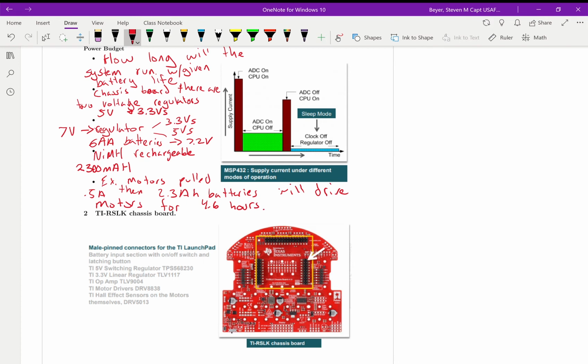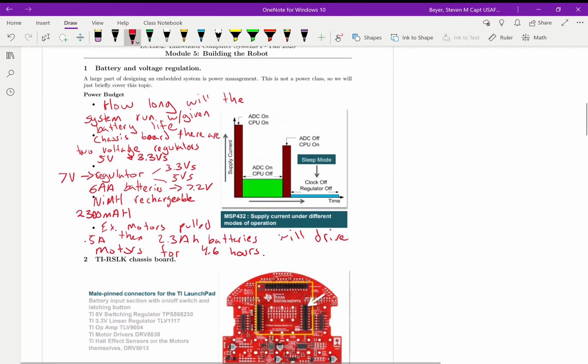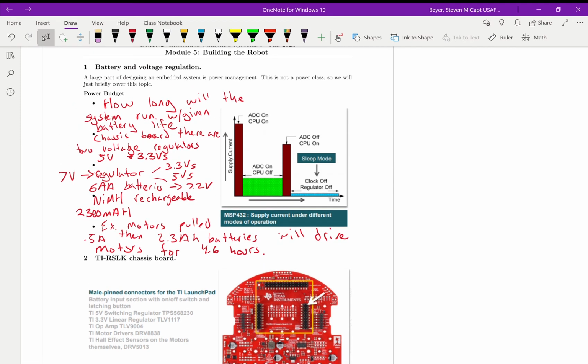So there's a lot of other things pulling on our battery. The MSP432, like I said, and the sensors. So we can imagine that our battery life is going to be much shorter than this. And you can see here in this diagram, the current draw is going to be different depending on whether we are using the analog to digital converters, is the CPU running, is the ADC off and the CPU on, etc. Then we have a sleep mode.